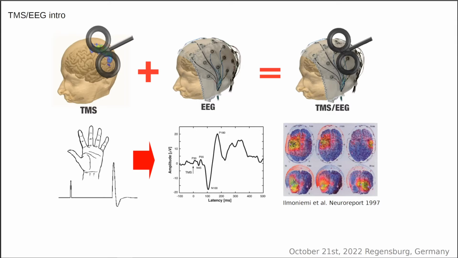If you put them together, it's an intersection: only a part of the neurons activated by TMS, and only a part of those that are activated we can see with EEG. So when you design a protocol, always think about the biology behind it. It's not just TMS and EEG.